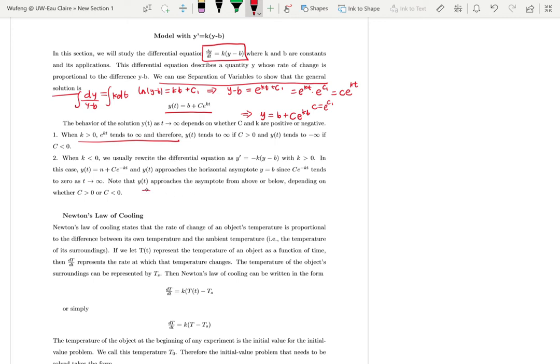So y of t approaches the asymptote from below or above, depending on whether c is positive or negative. If k is positive, it goes to infinity. If k is negative, it approaches y equals b, because e to the kt equals 0 when k is negative and t goes to infinity, since e to a negative power goes to 0.